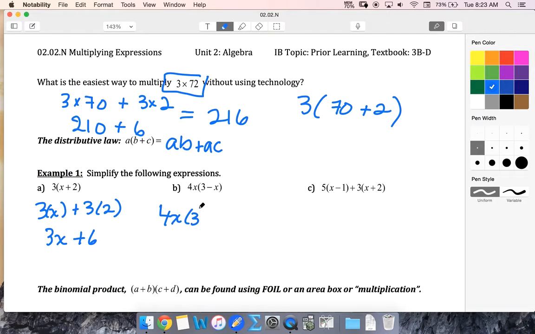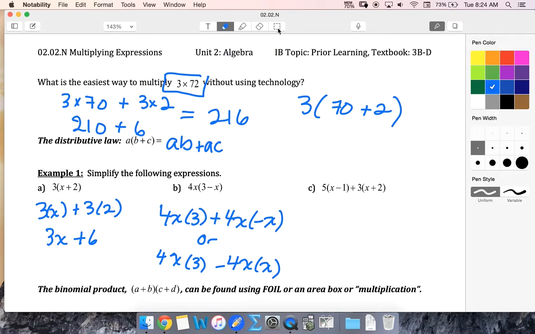4x times 3. Now you can think of it in two ways here. I could think of it as plus 4x times negative x, or I could have said 4x times 3 minus 4x times x.